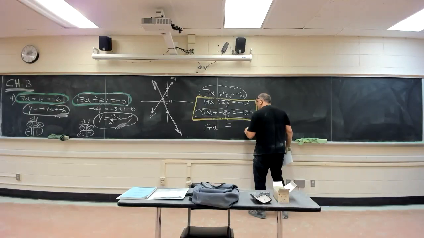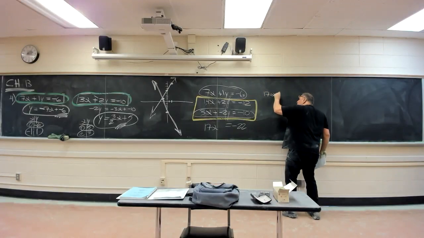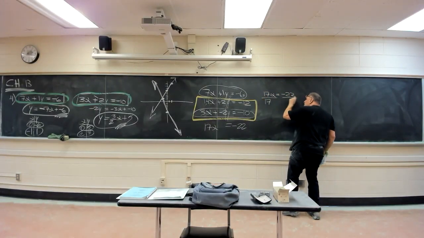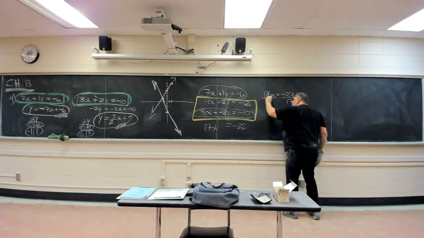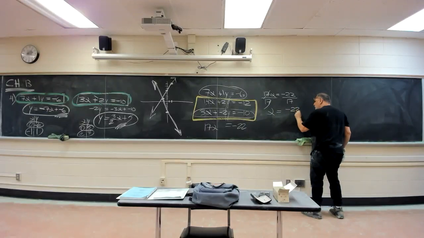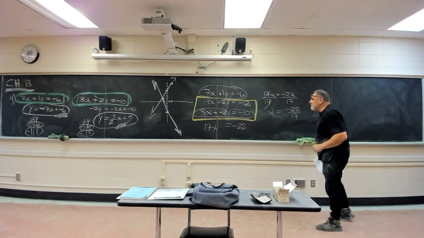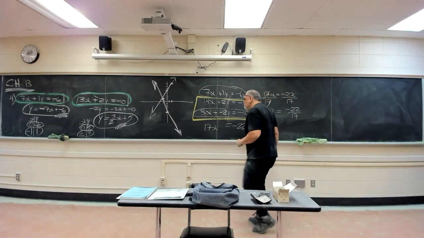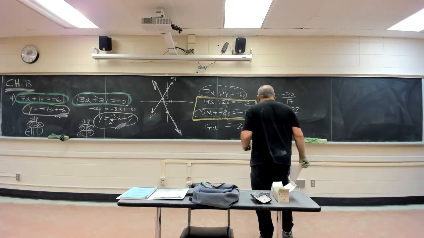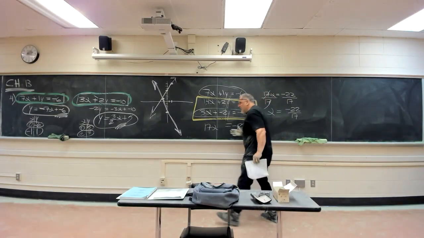Negative 12 and negative 10 is negative 22. So x is negative 22 over 17. True.